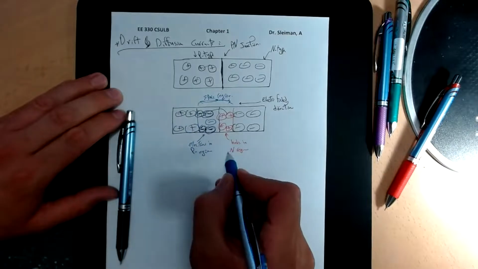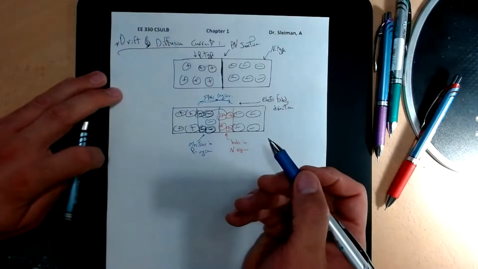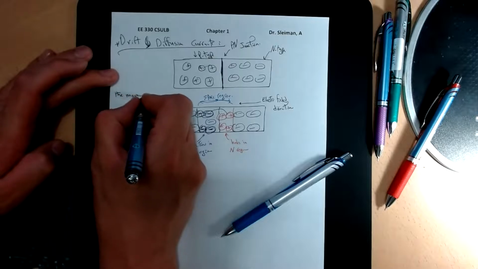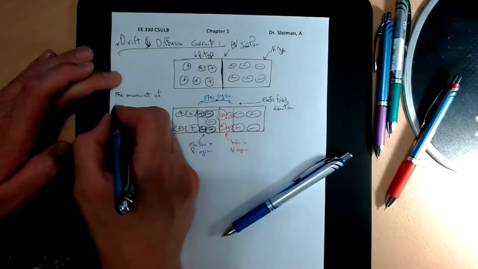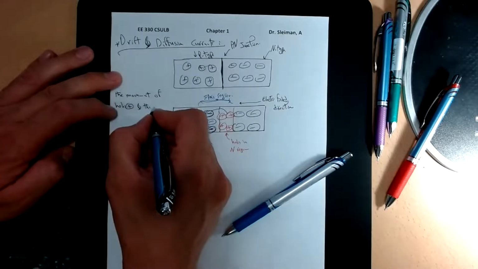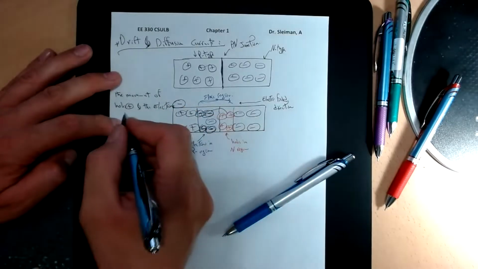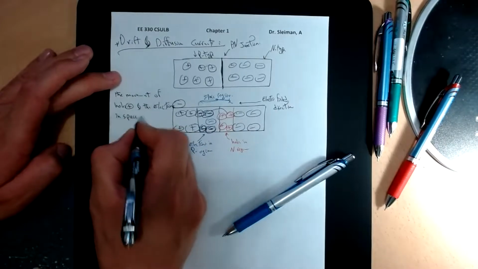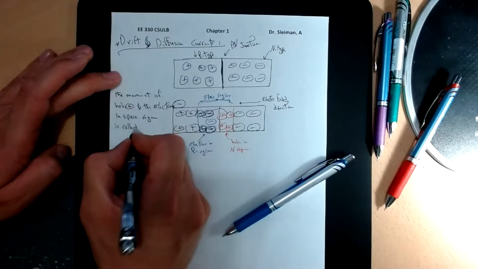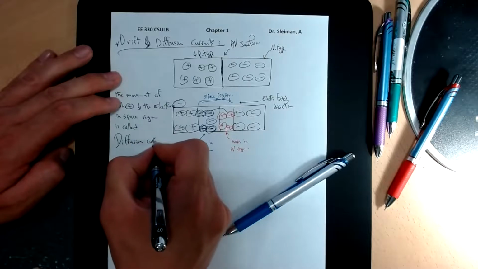So usually after it reaches equilibrium, the movement of the number of holes and the electrons in the space region is called diffusion current.